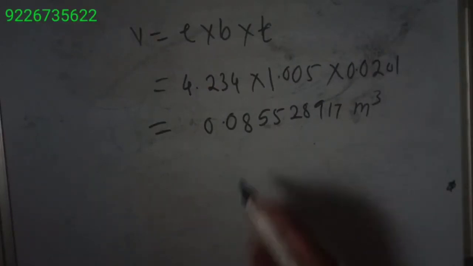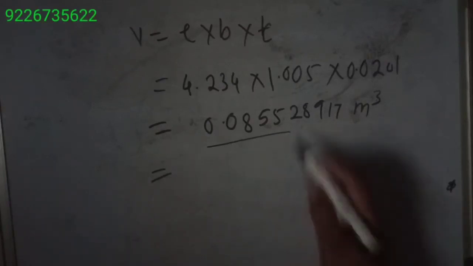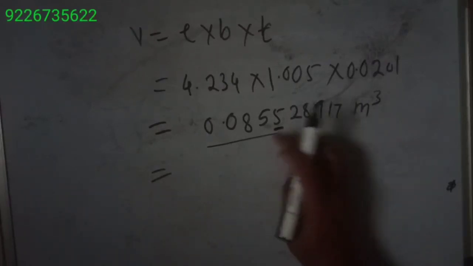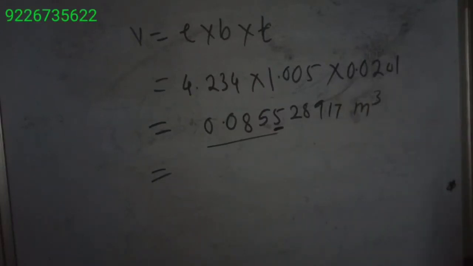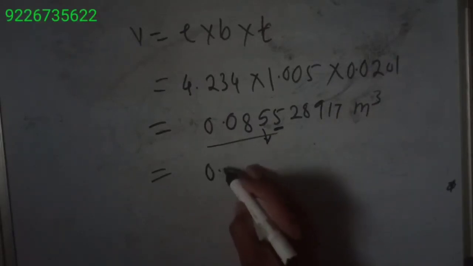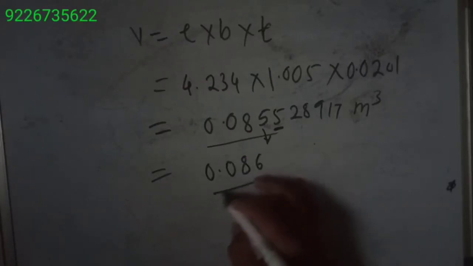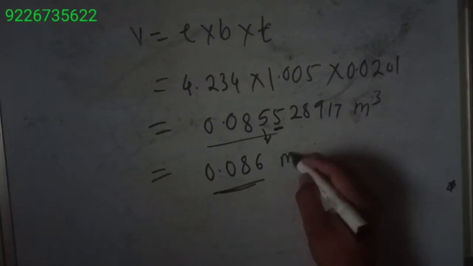For the correct significant figure, here the digit 5 we have to drop. The preceding digit is increased by 1, so our significant figure is 0.086 and its unit is meter cube.